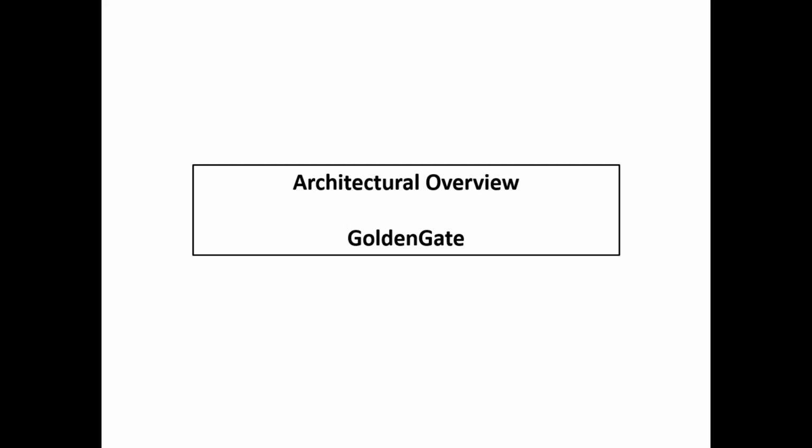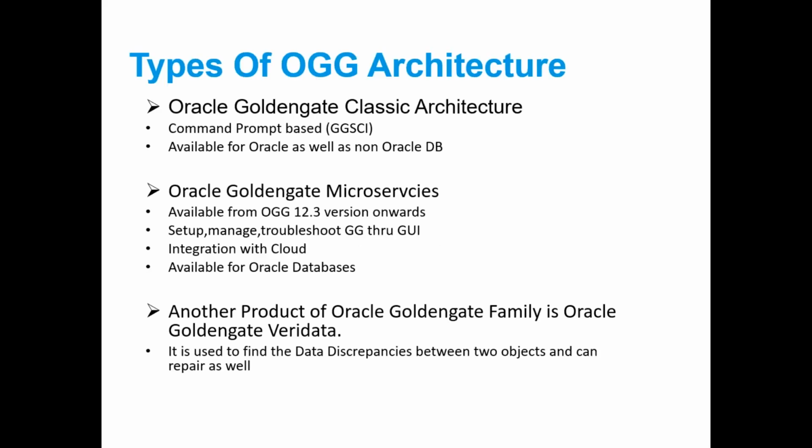So let us move forward and discuss the architectural overview, like the different types of architectures available in GoldenGate. There are two types of architecture available in GoldenGate.